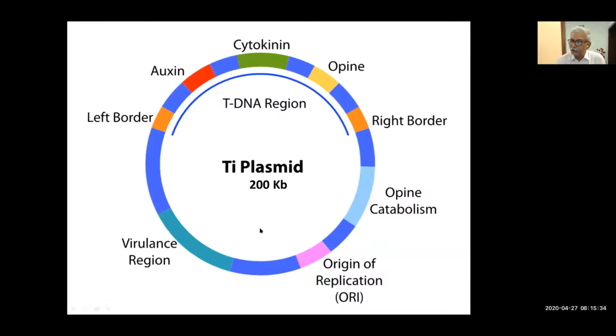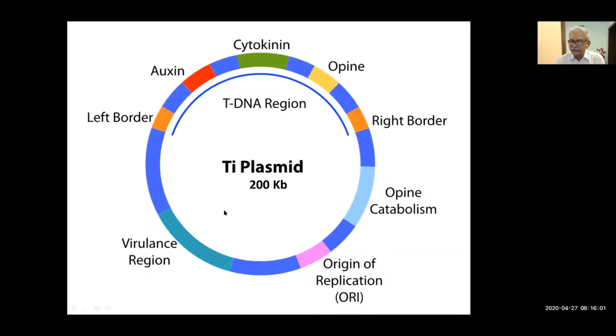And then, because the Agrobacterium has to infect the plant cell, the plant cell must be capable of getting infected. And the bacteria, that is the Agrobacterium, must have the virulence in the strain that should make it capable of infecting the plant cell.